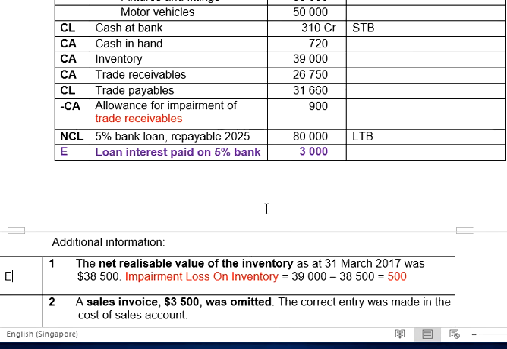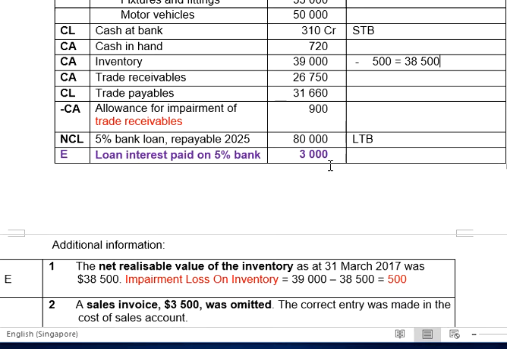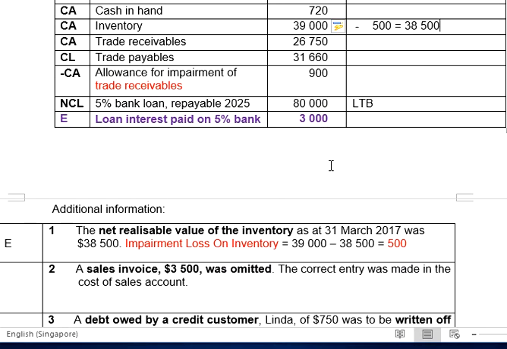You will also have to change the cost price of inventory to its lower value by minusing off the impairment loss to give you a new inventory value, $38,500, which is written in the balance sheet under current asset.